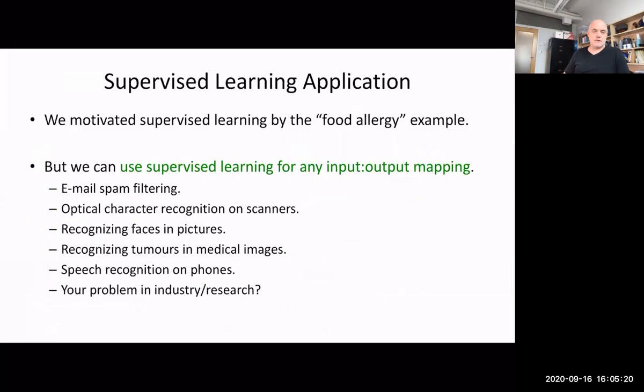We can use supervised learning basically to learn any kind of input-output mapping, from email spam filtering, from features of emails to whether or not it's spam, from images of characters to their digit or character class, from picture contents to who's the picture of or what is the picture of, tumors and medical images, so on and so forth. Basically, you can frame a very large number of things as supervised learning.